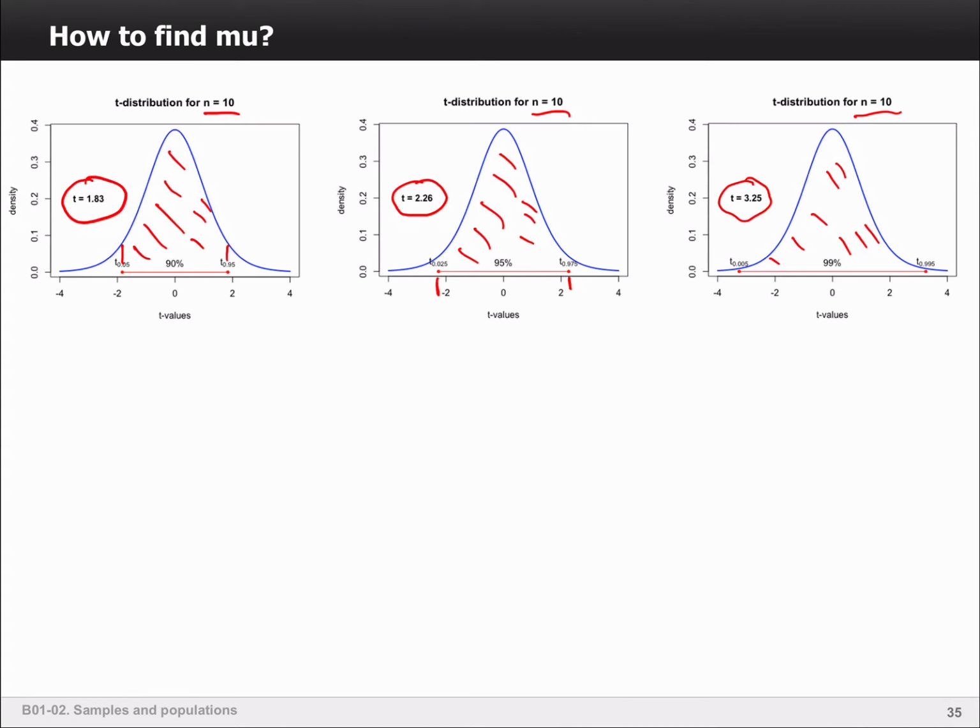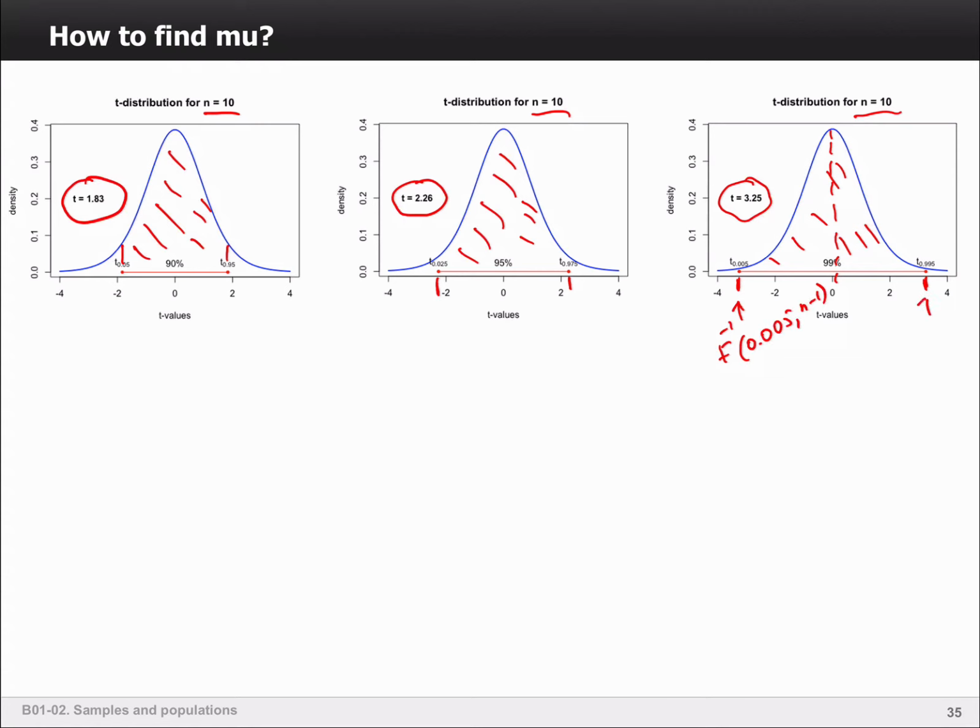Then you can see that since the distribution is the same, these t-values can be estimated using the ICDF function, right? So it's a function that gives you a value for a given uncertainty. For example, this t-value will be ICDF for 0.005 and then n-1 degrees of freedom.